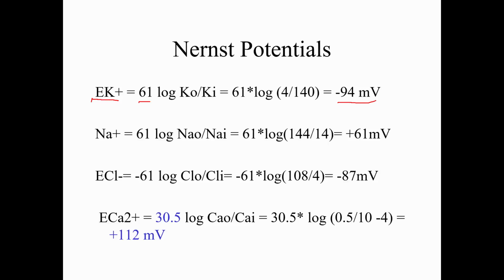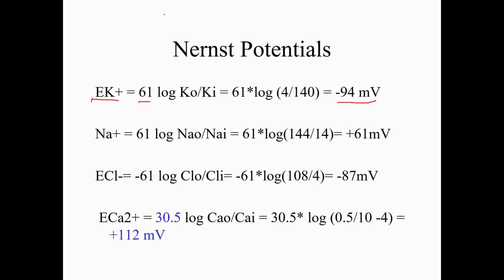If I have a neuron and it's only permeable to potassium, potassium will leak out until the membrane potential reaches -94. Then it will reach an equilibrium where potassium is just as likely to leak in along an electrical gradient as it is to leak out along a concentration gradient.